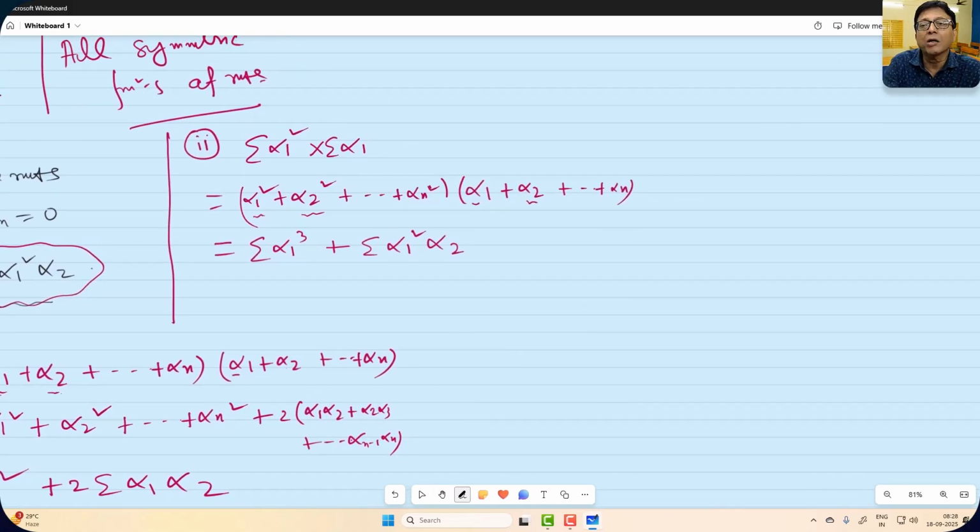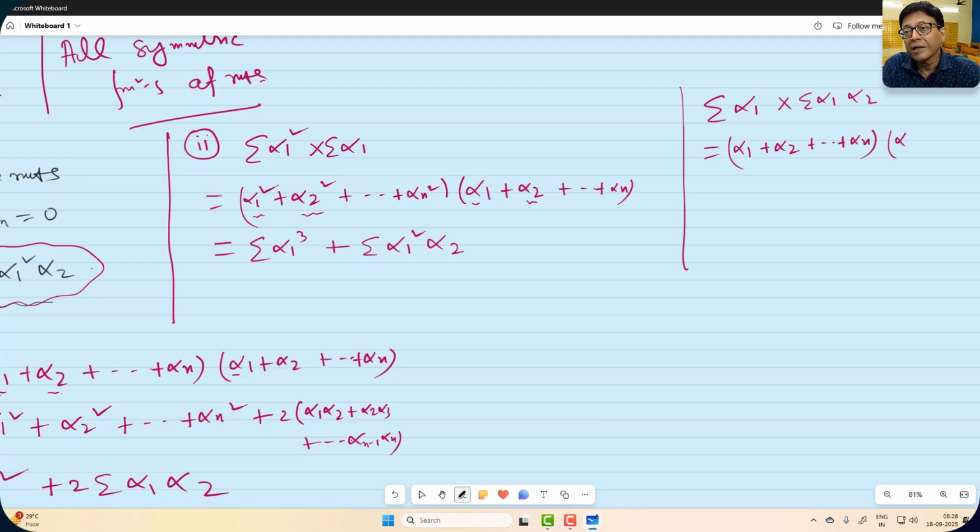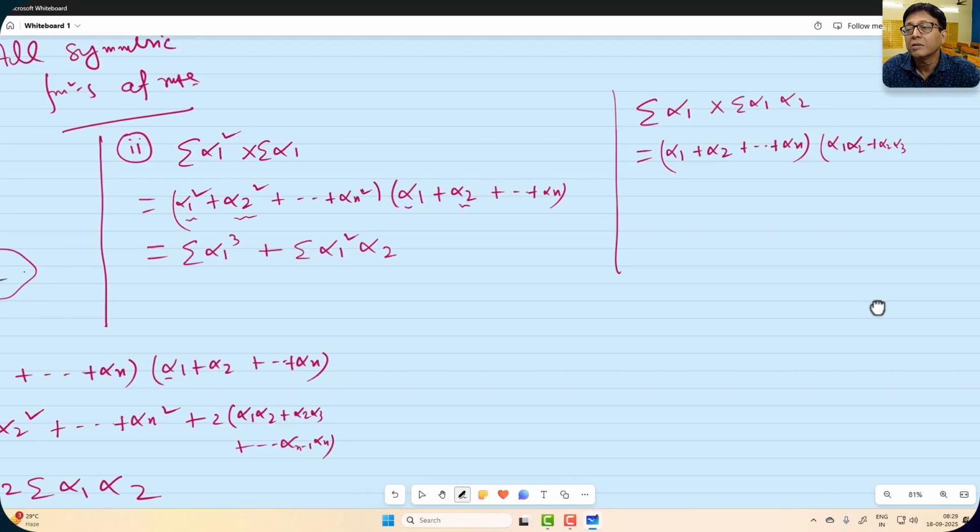How do you start with sigma alpha 1 square alpha 2? For this you start with sigma alpha 1 into sigma alpha 1 alpha 2. What will you get? Alpha 1 alpha 2, alpha 1 alpha 3, up to alpha n minus 1 alpha n, all the terms are there.